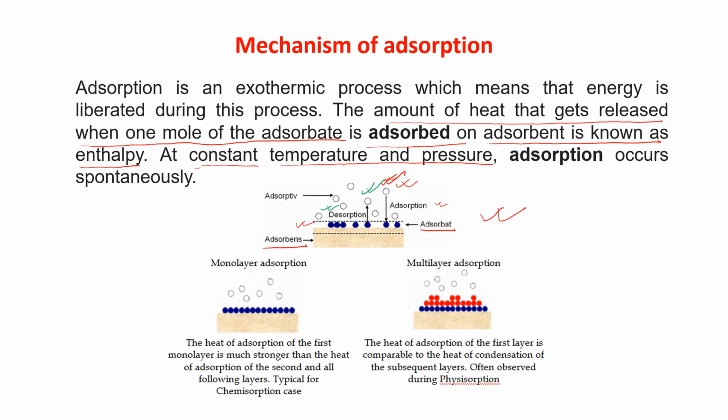Now, multilayer adsorption. Multilayer adsorption means when one layer is forming, that is the monolayer shown by the blue color, and the heat of adsorption of the first layer is comparable to the heat of condensation of the subsequent layer. Now, some more adsorbate will get attracted by the first layer molecules.